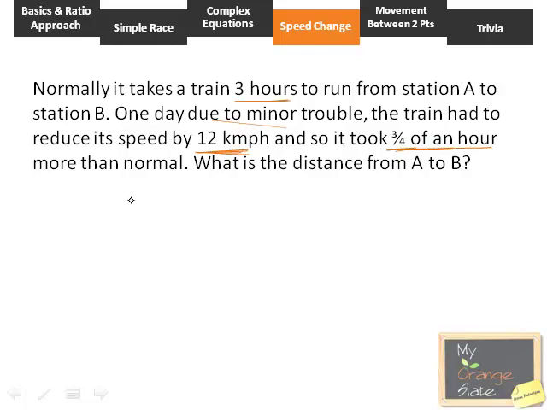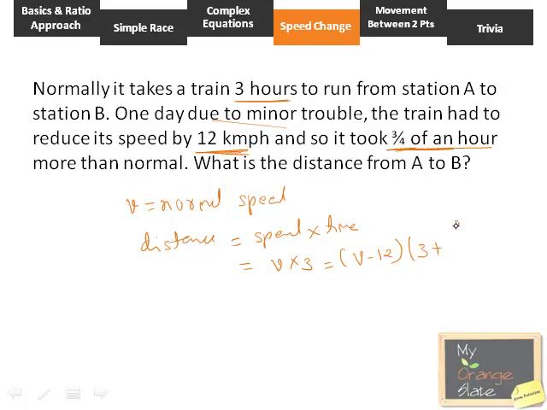So simply put, if we assume that v is the normal speed, distance is equal to speed into time, and that is equal to v into 3, and on this particular day it is v minus 12 into 3 plus 3/4, and hence we get v over v minus 12 is equal to 15 by 4, so we get 15 over 4 into 3, that is 12.